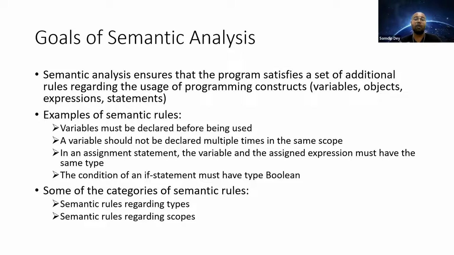There can be other semantic rules you need to keep in mind. Popular categories of semantic rules include rules regarding types and rules regarding scopes. We will be going through each of these shortly.